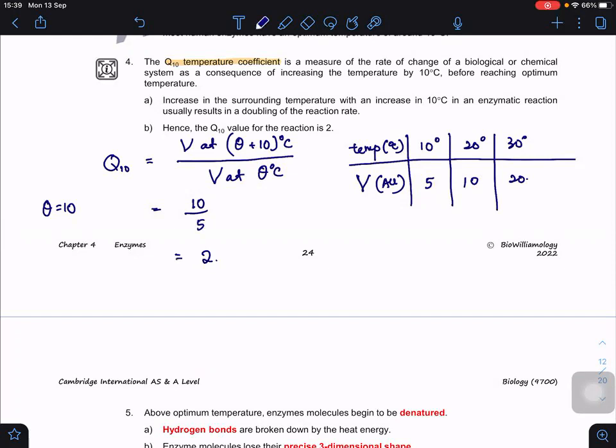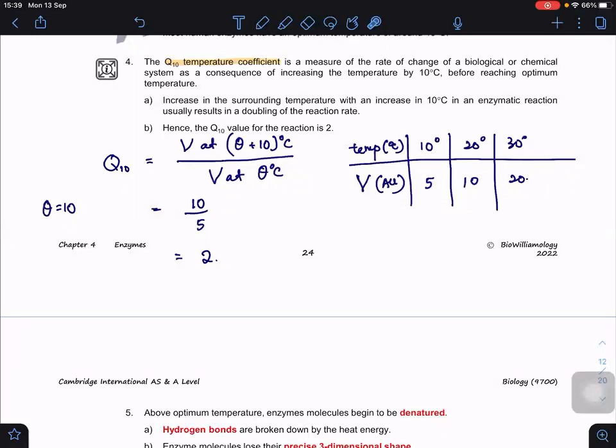So it equals 2. This is very, very important. If your Q10 value of a reaction is equal to 2 or almost equal to 2, then it means this reaction actually depends on an enzyme, because only an enzyme can help us achieve this Q10 value of 2. Are you clear?